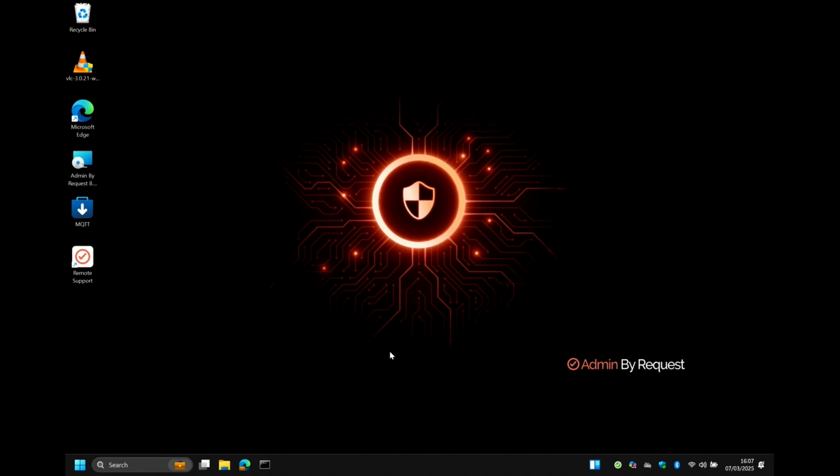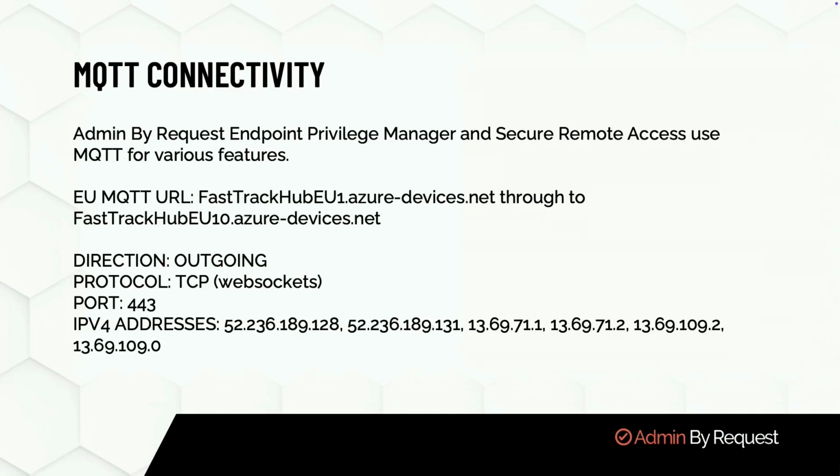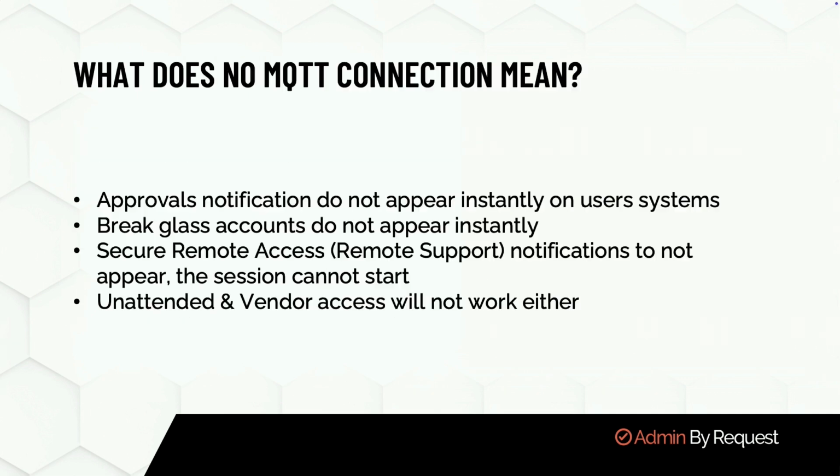That can only be the MQTT. The next thing we're going to talk about is Cloudflare tunnels, but that is a totally different sort of behavior. So if you're not getting that initial pop-up, that's nothing to do with Cloudflare tunnels. That is an issue with the MQTT. So this is how to solve it, and that's what it looks like when it's not working. So let's move on to the next topic, which is the Cloudflare tunnels.